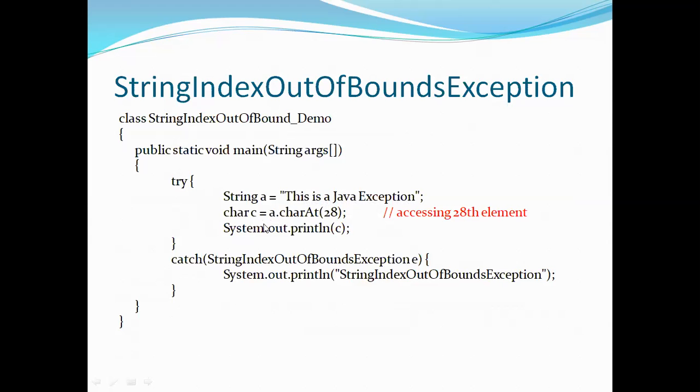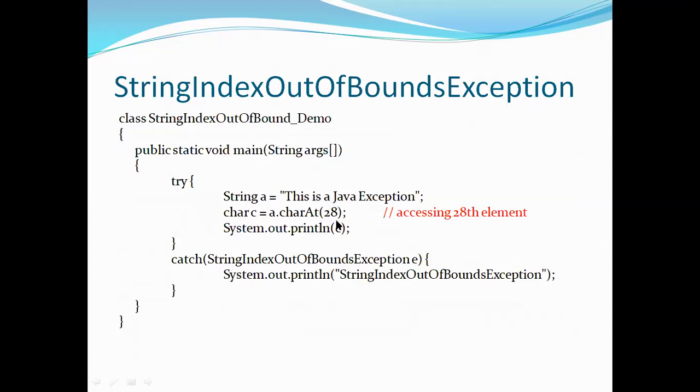Now, in the next line, I'm trying to take the character at the 28th location, that is, a.charAt(28) means the string a, whatever character is there at 28, I'm trying to retrieve it in c. But this is illegal because the size itself is 24. So this is an exception.